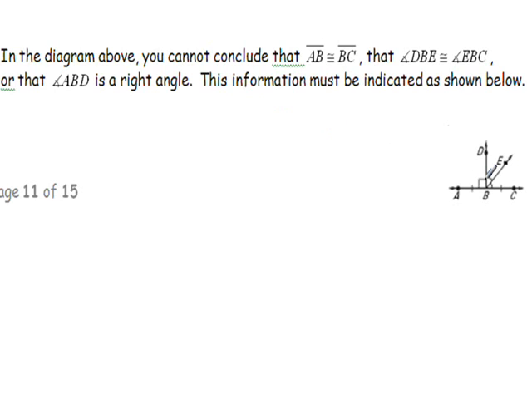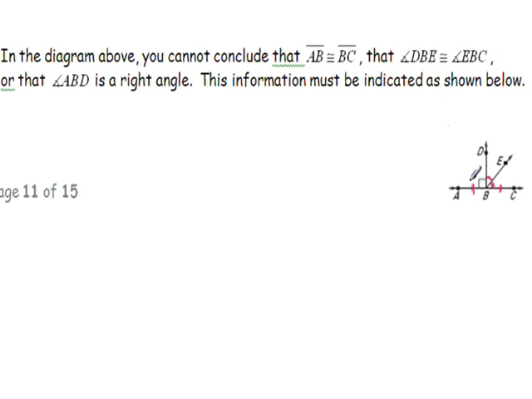All right. In this diagram, however, I can't say that AB is congruent to BC unless it's specifically labeled like it is now. So now I can say that. And no matter how much DBE and EBC look congruent, unless I see this little arc showing me congruency, I cannot say that.